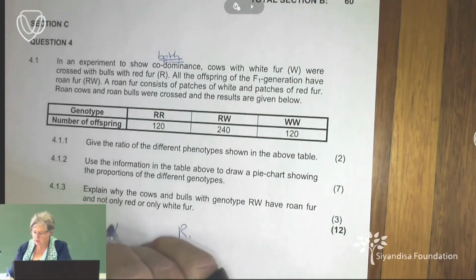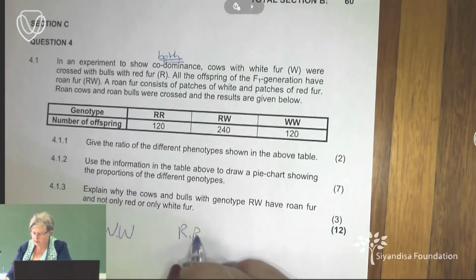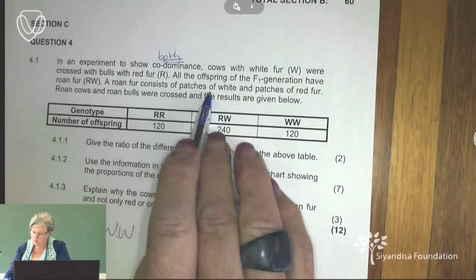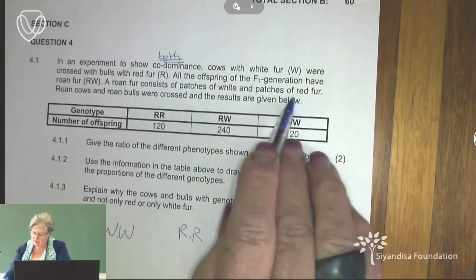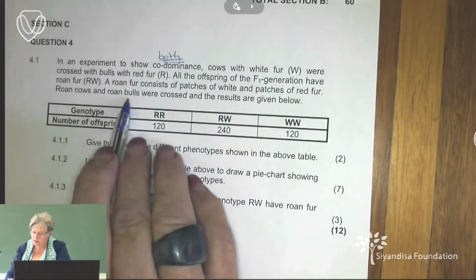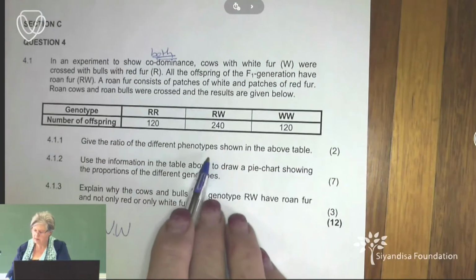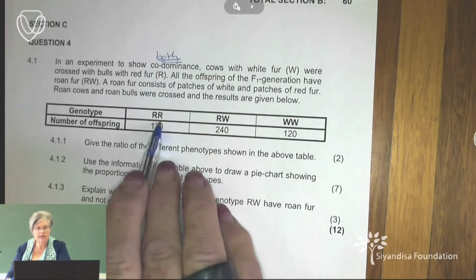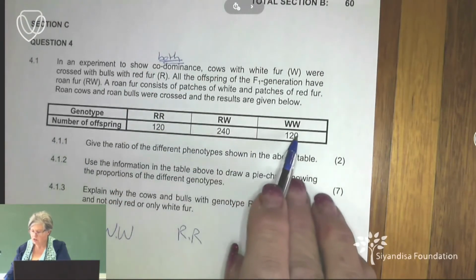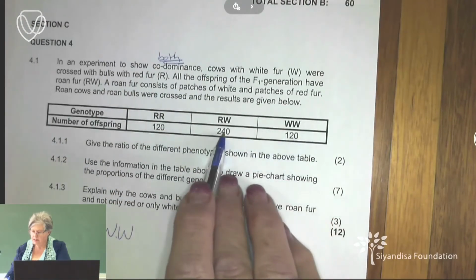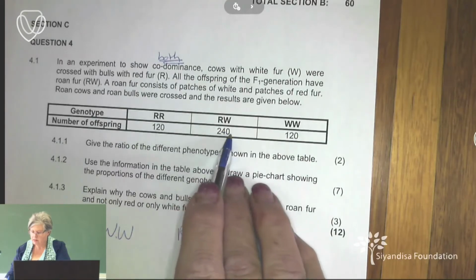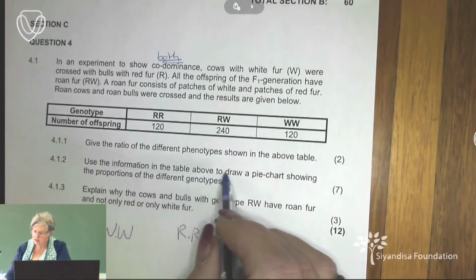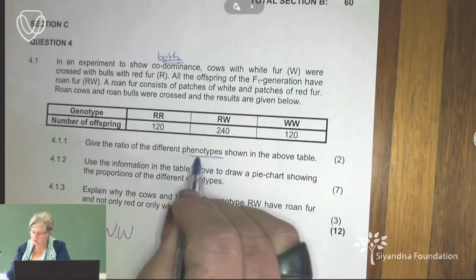A roan fur consists of patches of white and red fur. Roan cows and roan bulls were crossed, and it was shown above. So I got red cows, white cows, and red and white cows. Give the ratio to show the different phenotypes.